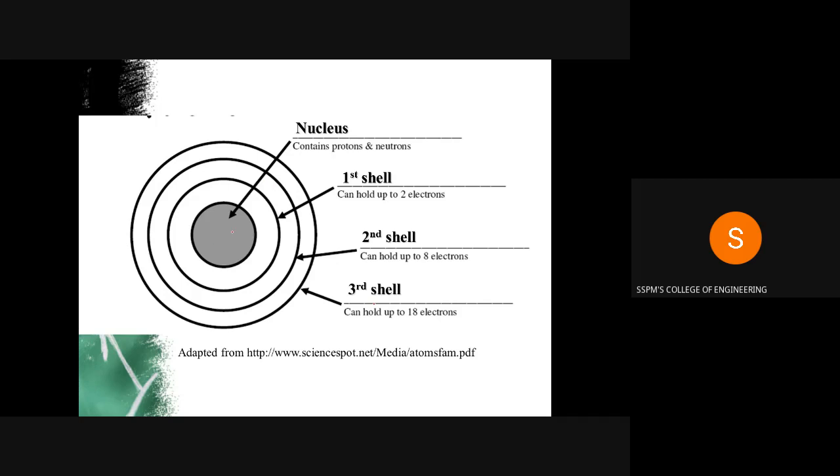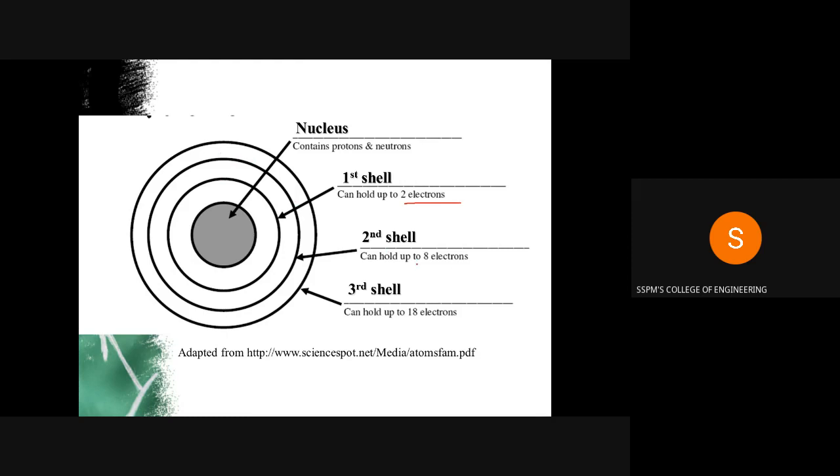And this is the nucleus. Outside that there are orbitals. This is the capacity of each shell. The first orbital has a capacity of only 2 electrons. If a third electron occurs, it is given to the next shell.